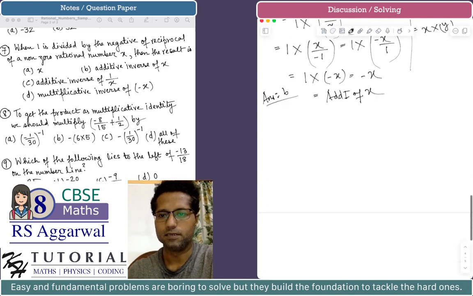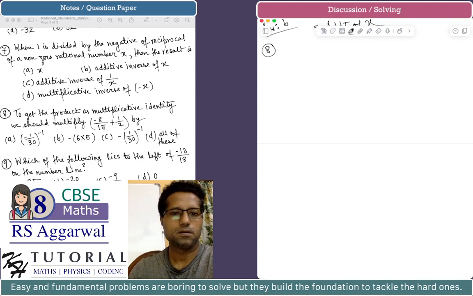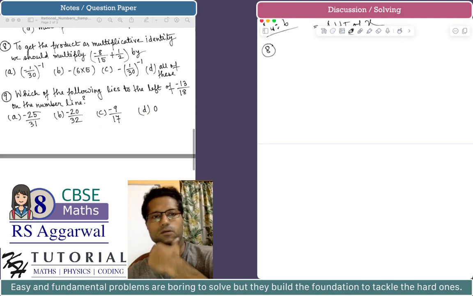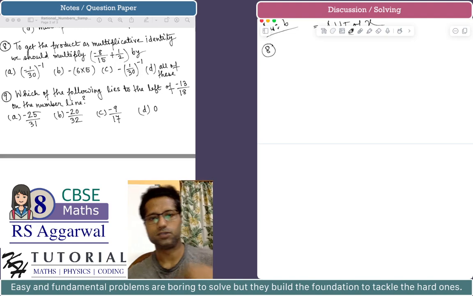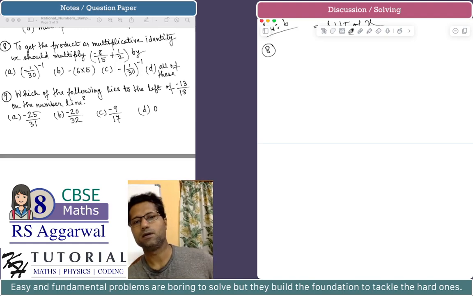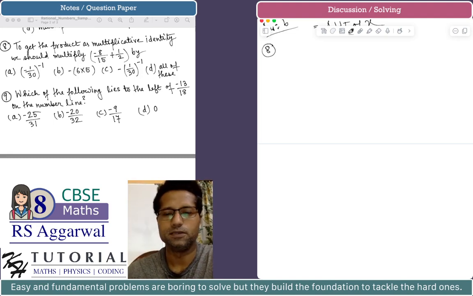Let's do problem number 8. It is said that to get the product as a multiplicative identity, we should multiply the addition of two rational numbers by what. Multiplicative identity, we know, is always 1. So it is asking that to get the product as 1, we should multiply this.